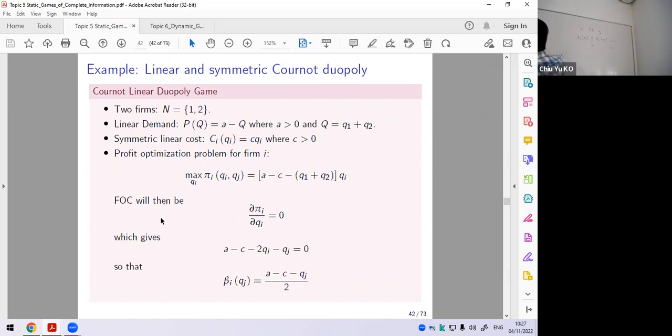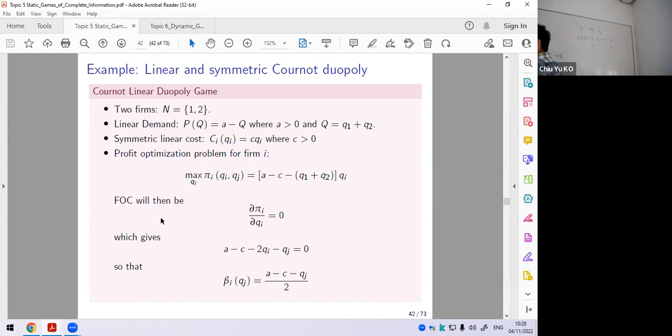And if Q2 is A minus C, Q1 is 0. And this is linear. So this is the best response.